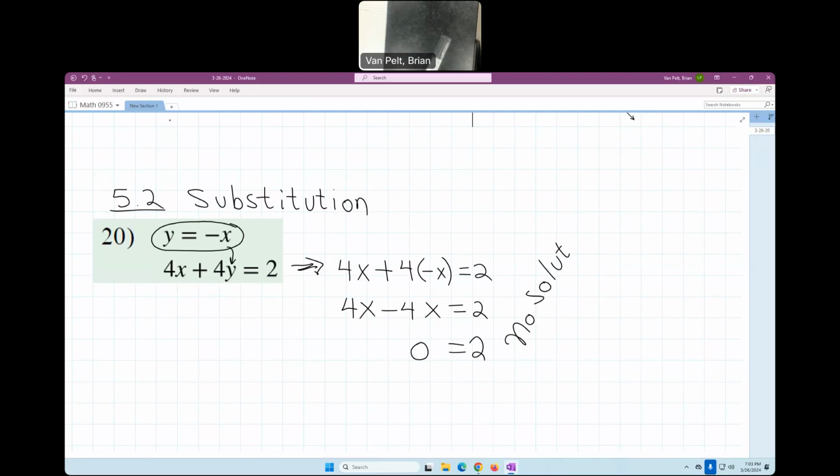So generally speaking, with these problems, one of them is going to look easier to substitute in than the other one. So here, this was the perfect one to substitute into that. I wouldn't have wanted to try to get one of these by itself and plug it back into the other, you understand? So try to make it as easy on yourself as possible.